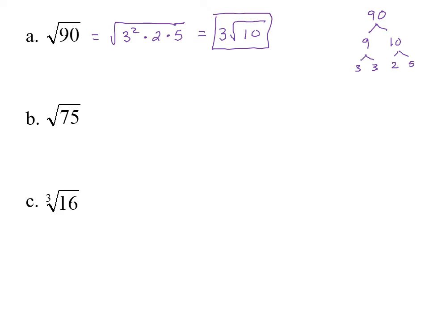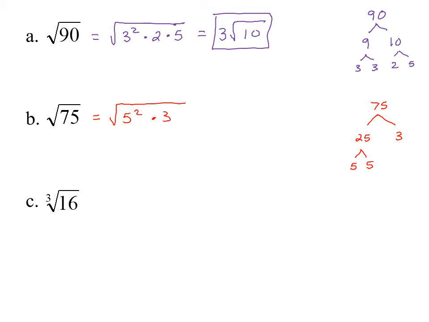Let's try another one. The square root of 75. I could write it as 25 times 3, for instance. The 3 you can't simplify anymore, but the 25 is 5 times 5. So this is actually 5 squared times 3.